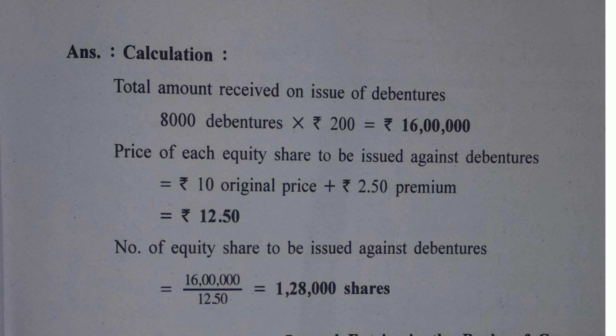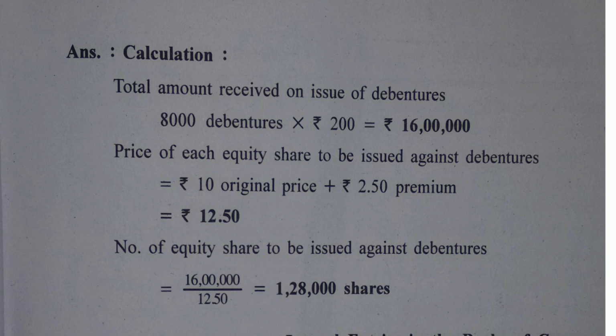And they say that the company will issue equity shares of rupees 10 at a premium of 2.5. That means 12.5 rupees. So, for the payment of 16 lakh of debentures, how many shares of rupees 12.5 should be issued?